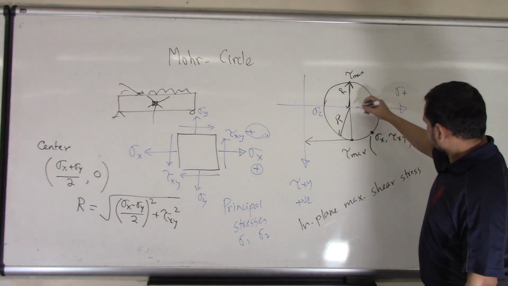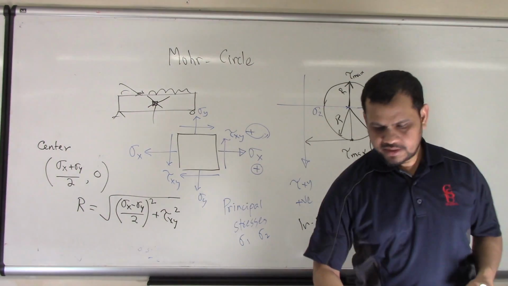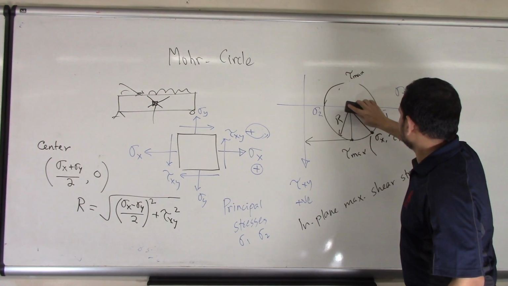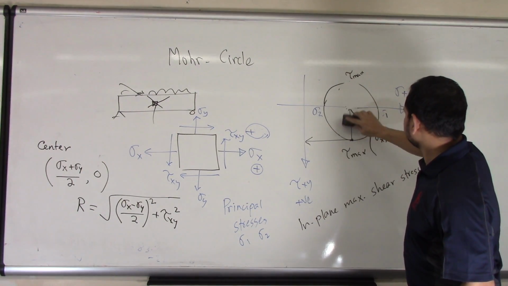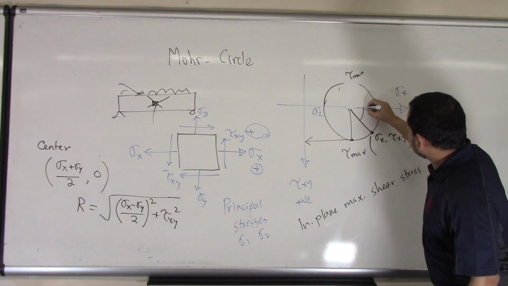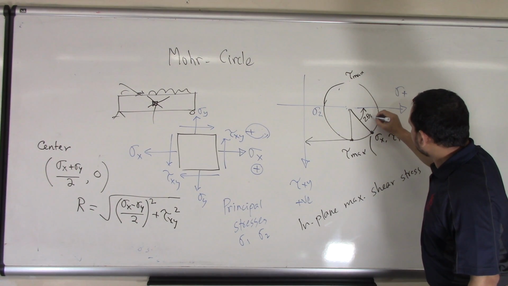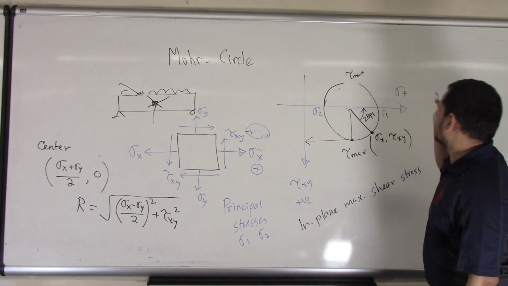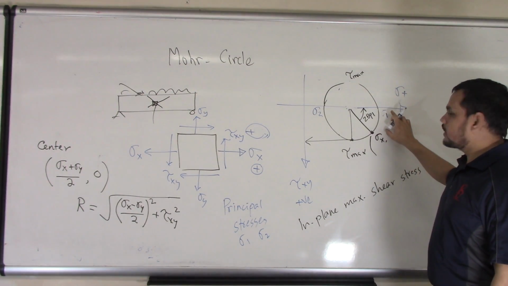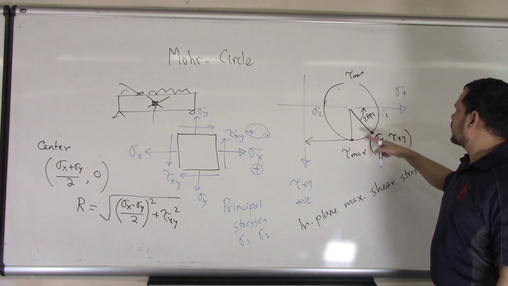If we draw a line, okay, now erase some lines to make it clean. So you can see here this angle. This angle is called twice theta P1. Why twice theta P1? Theta P is the orientation of the principal stress, and 1 means stress one.